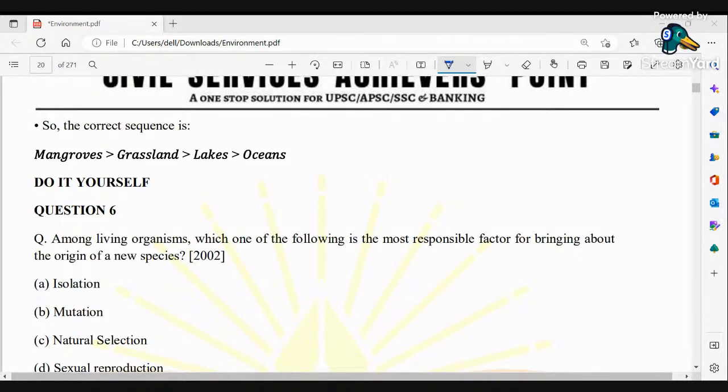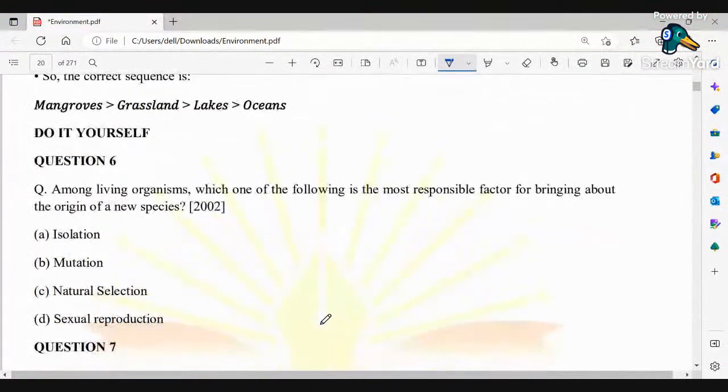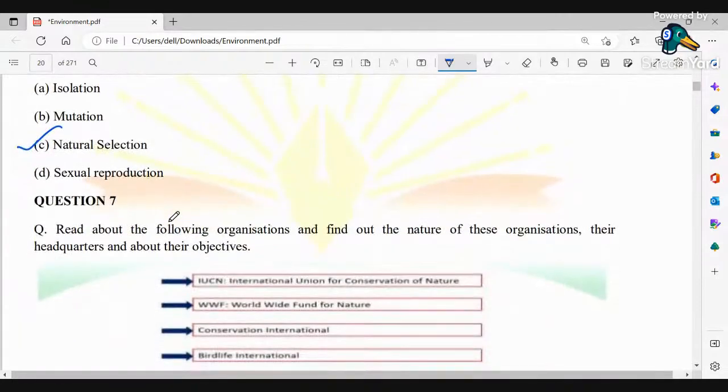So here it is natural selection, which is the most responsible factor for bringing about the origin of new species.